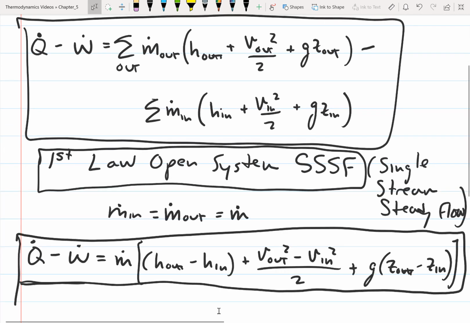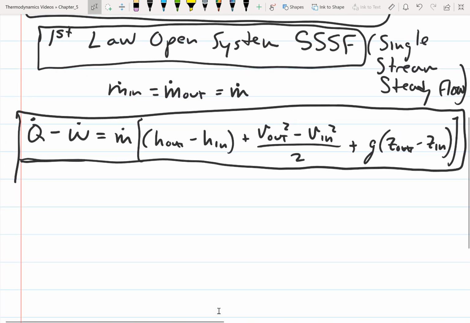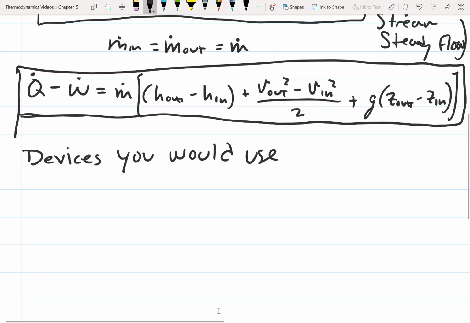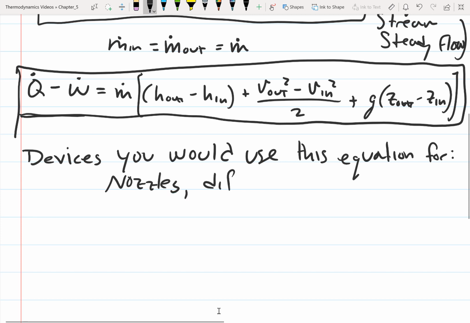So now what we want to do is see how these equations apply to certain systems. Let's just say devices you would use this equation for. We're going to look at nozzles, diffusers.